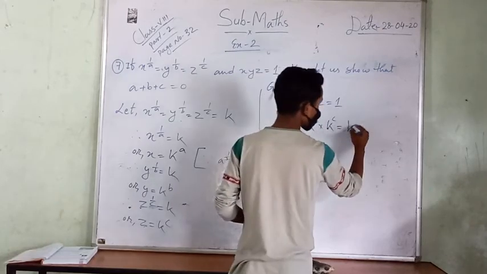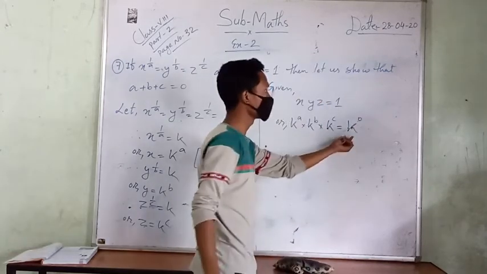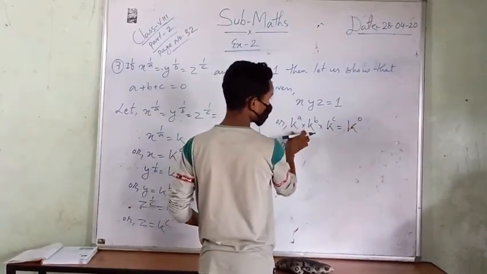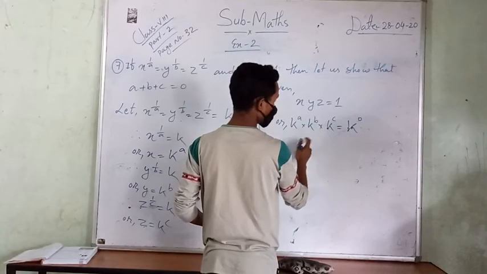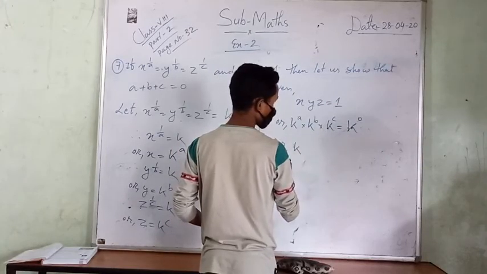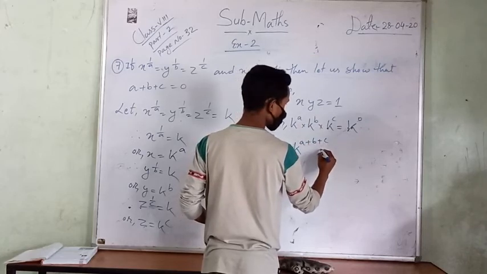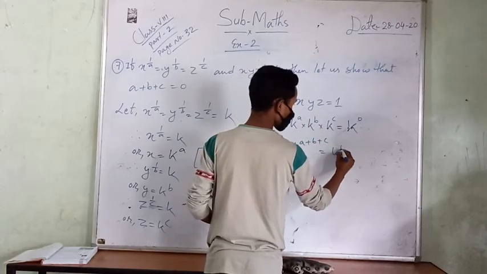Then 1 means I will write there k to the power 0. K to the power 0 means 1. Look, the base is the same. Then I will write base k, and the powers will be added: a plus b plus c equals k to the power 0.